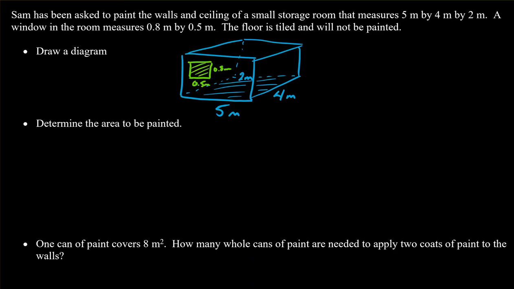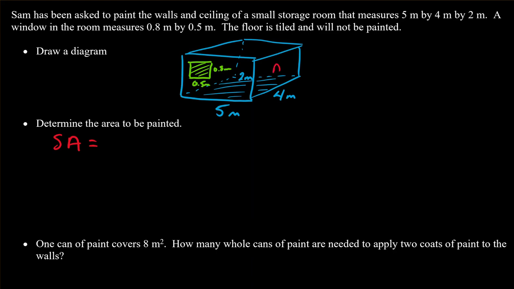So there's two surfaces that we could think about. Either we could calculate the total surface area and then subtract them, or we could just calculate the surface area of the areas that are presented and subtract the window. It's totally up to us here. So let's try this out. The surface area is going to be the two side walls.